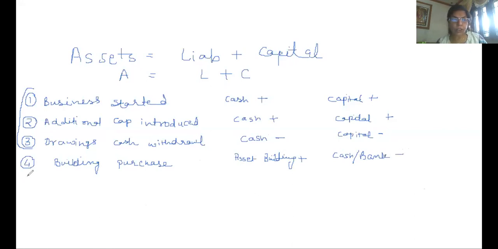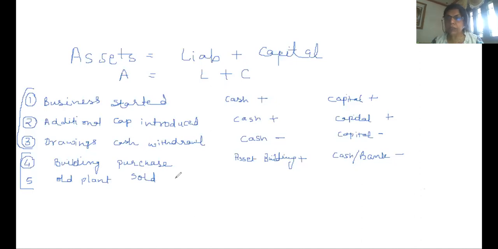Then next, you can make the pair of these two. Old plant sold. Old plant sold means the businessman is selling an old asset. So here asset, plant, reduced.